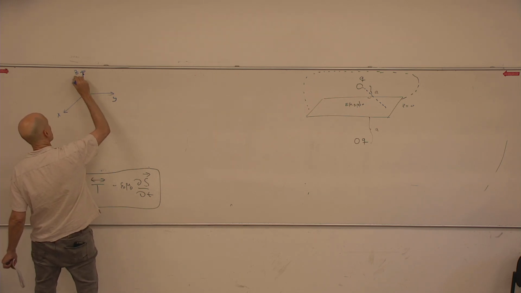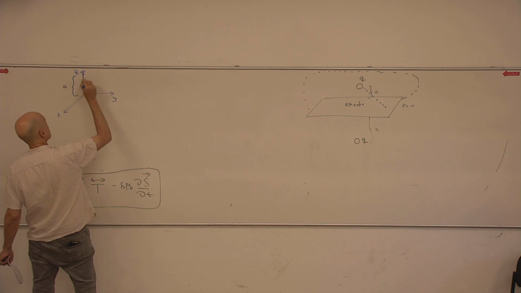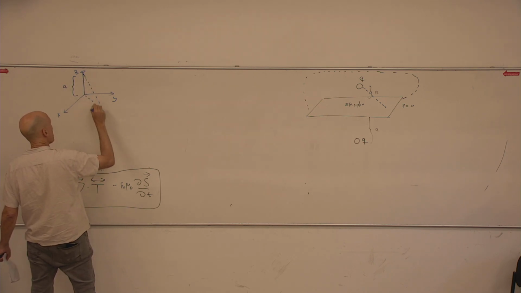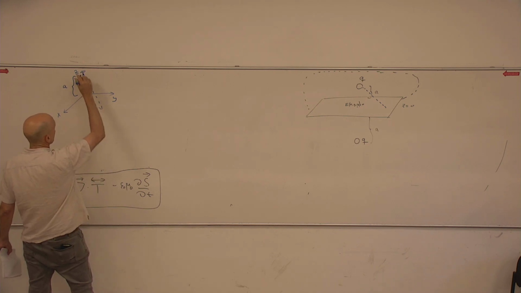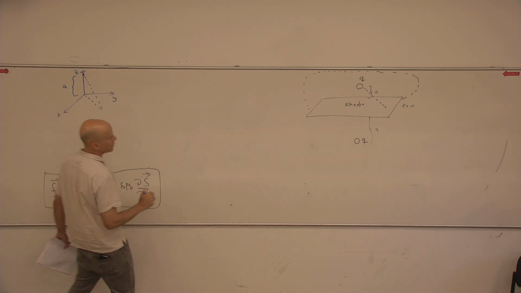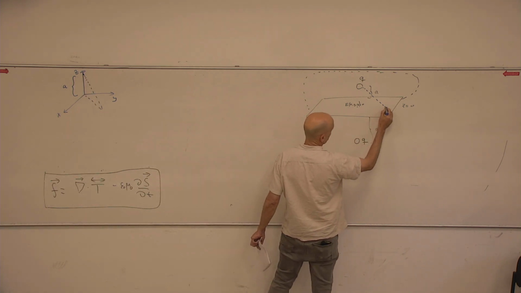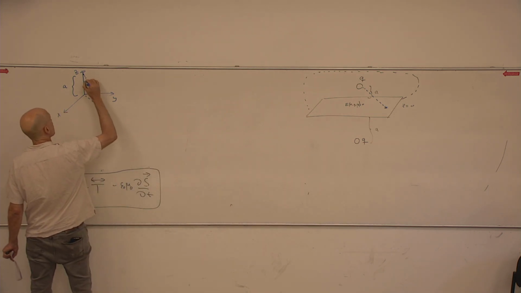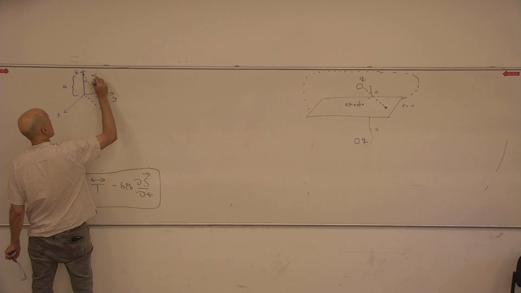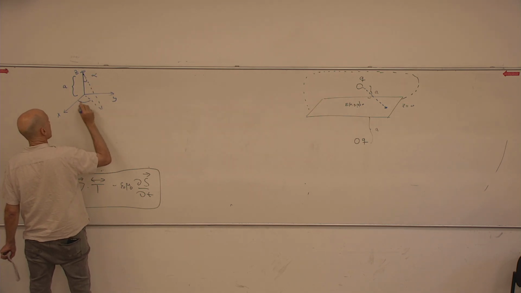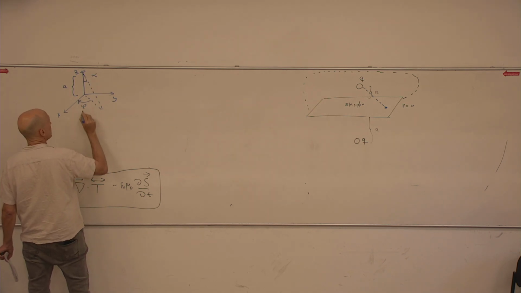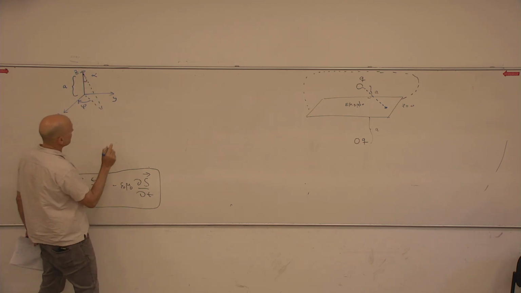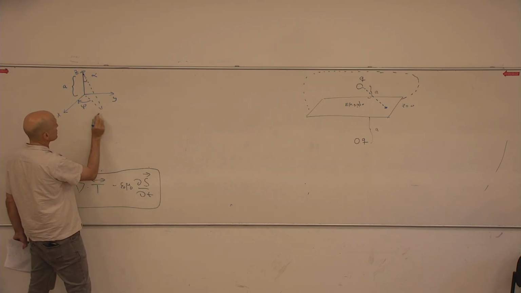From this is A, and then I go down to the plane. So I'm calculating the electric field at this point, so there is some angle, which I'm going to call alpha. There's another angle in the plane, which I'm going to call phi. And this is a positive charge, so if you want to think about it like this, this is the plane.